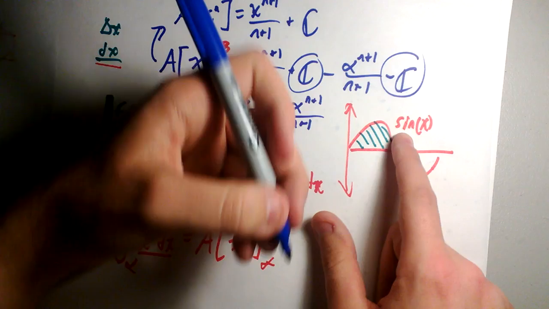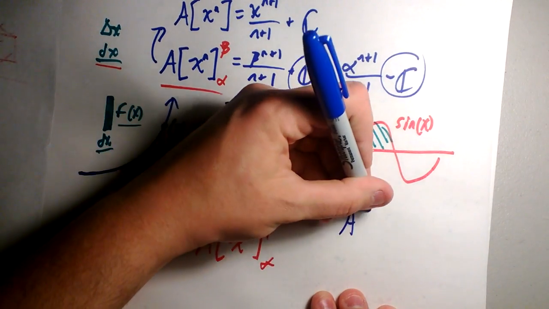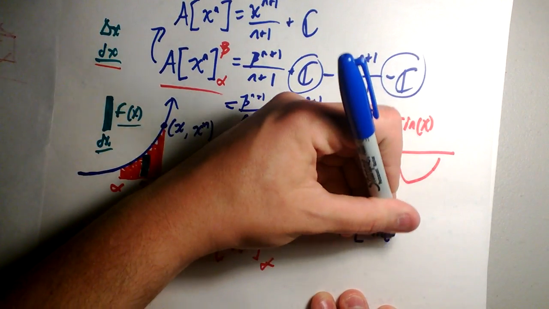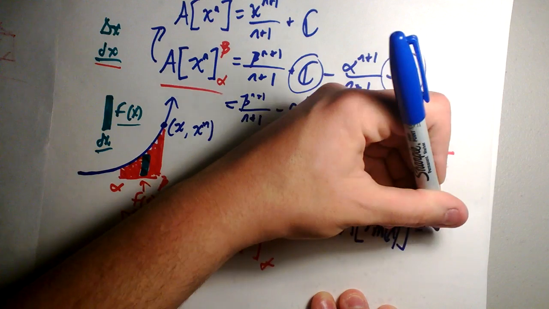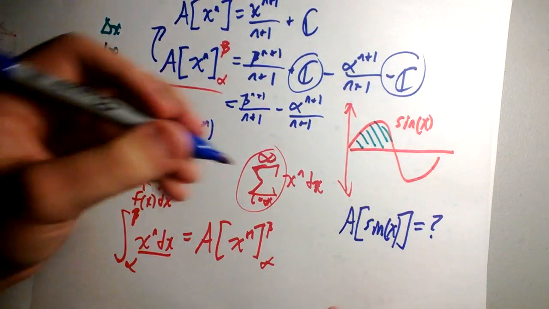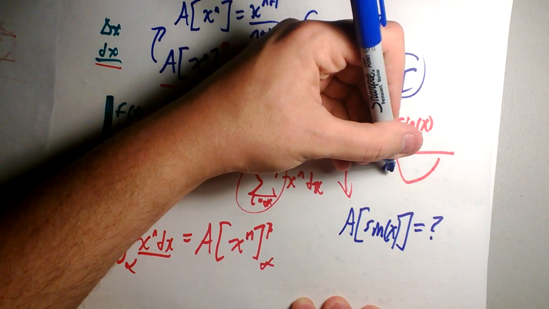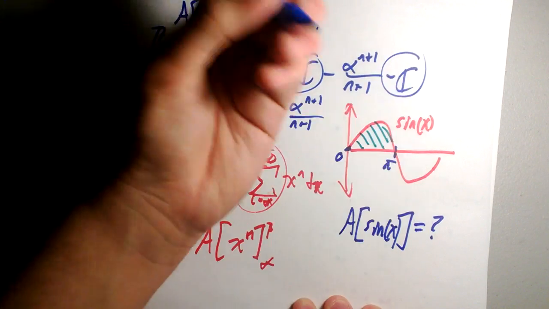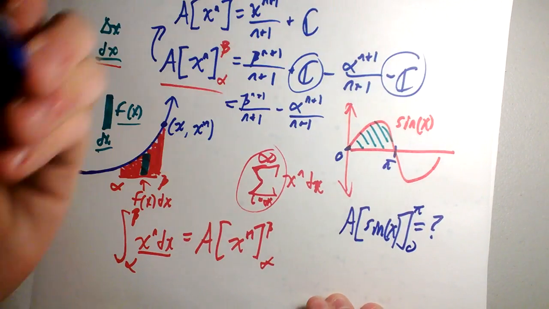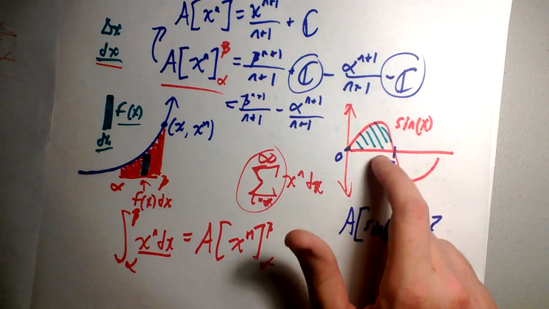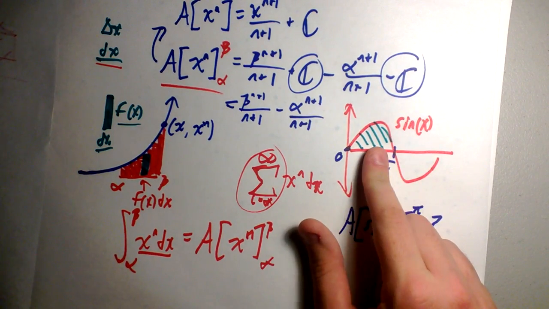No, you can't really do that with, say, sine of x. So what is the area of sine of x? From any bound, really. In this case, it would be 0 to pi. But I have no idea what that's equal to. And so we need a way to solve it.